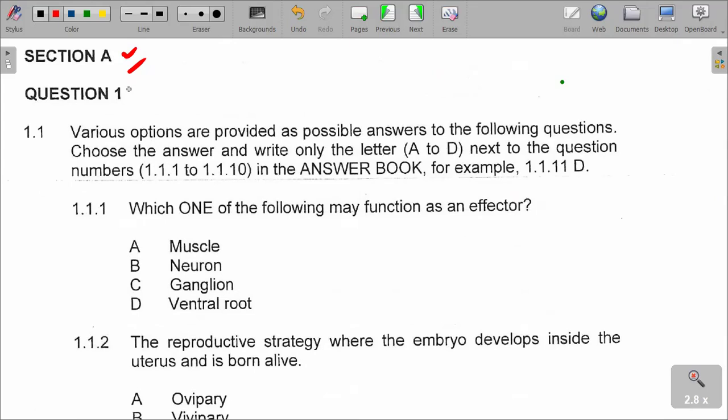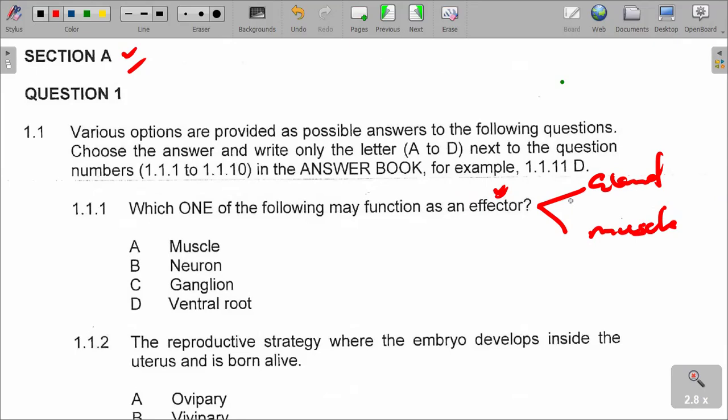Which one of the following may function as an effector? I'm sure you remember the structure of the human response to the environment. We talk about the nervous system. Remember that the effector organ can be a gland or it can be a muscle.